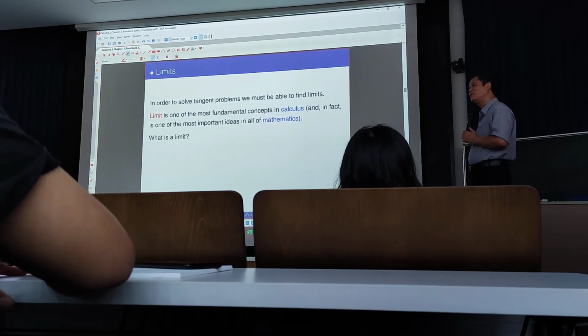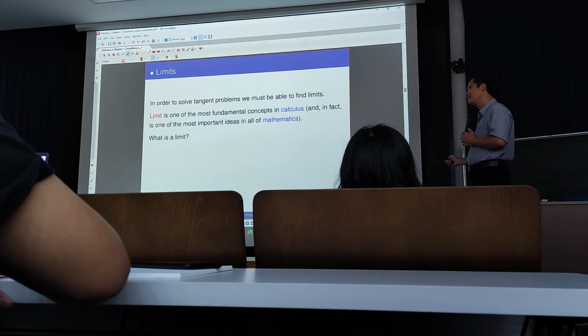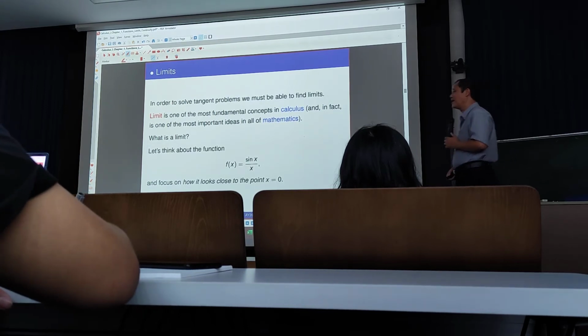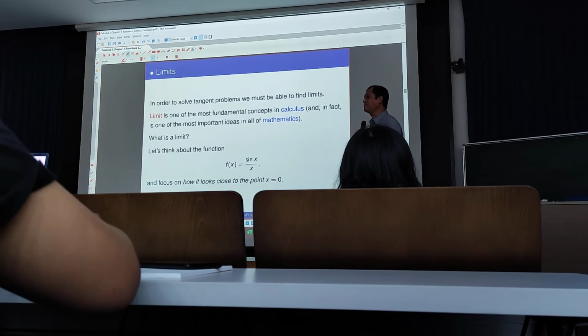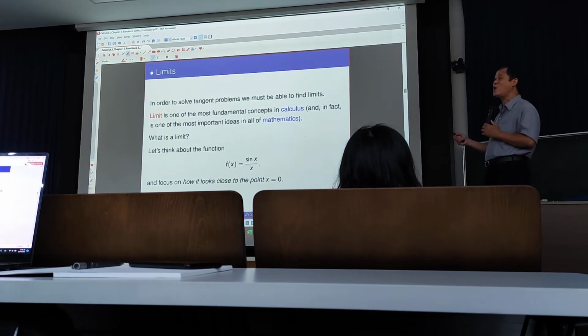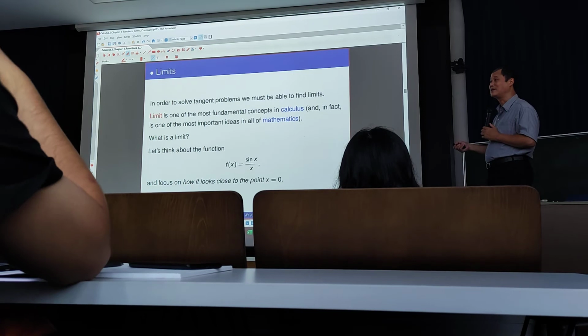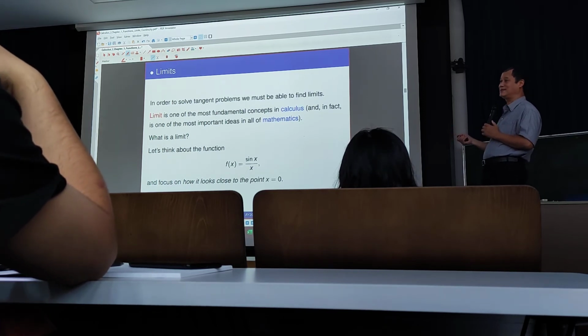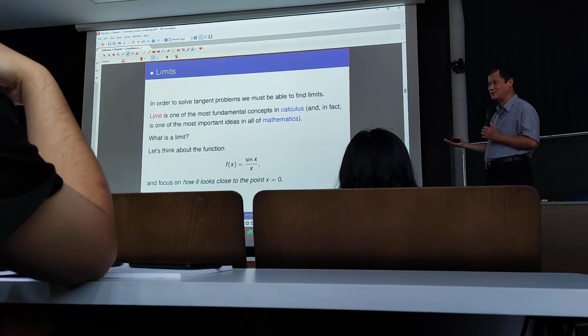So, what is that? Look at the function f(x) = sin x over x. This function is defined everywhere but 0. This function is defined everywhere except at 0. Those are two ways we can talk about it.